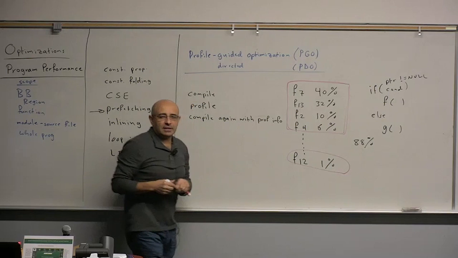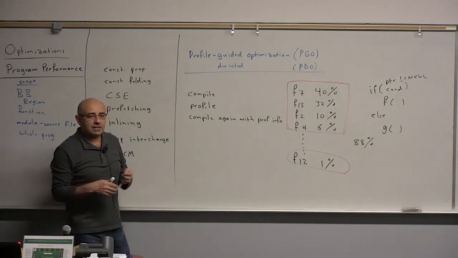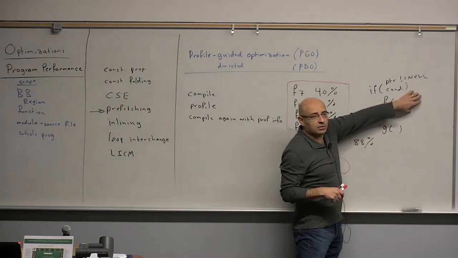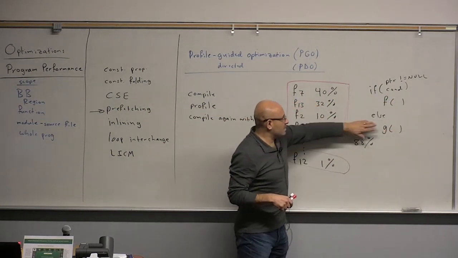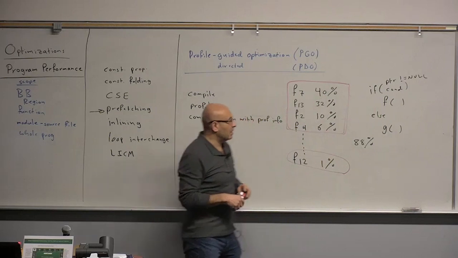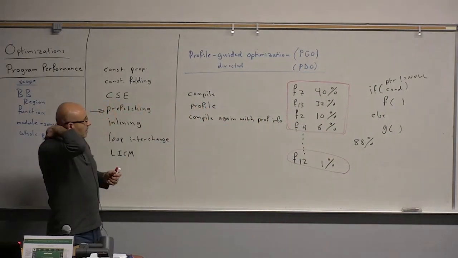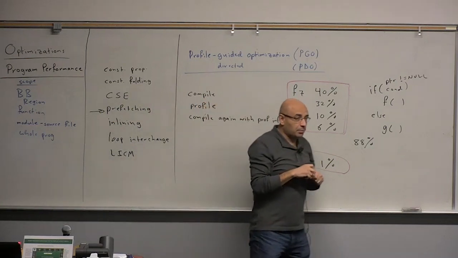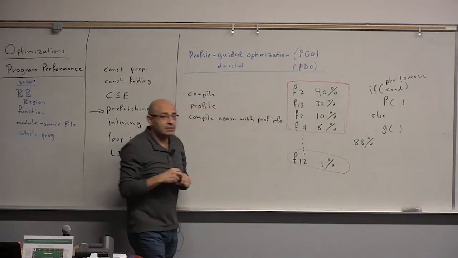So this is independent of the input. It doesn't matter what the input is. We expect this to be executed most of the time because this is the exception, right? So profiling is input dependent, and sometimes profiling information can vary depending on the input.